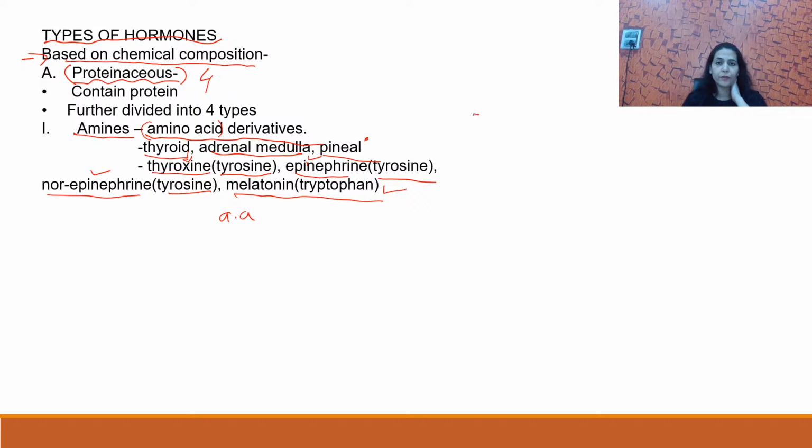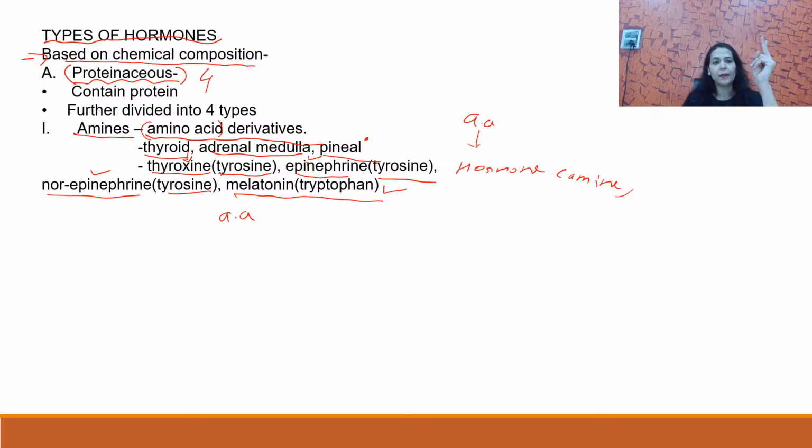There are certain amino acids which help in the formation of hormones. Such hormones are known as amine derivatives. You need to remember these names. Which hormones are formed from tyrosine? Thyroxine, epinephrine, norepinephrine. Epinephrine and norepinephrine are twins. They will always come together.